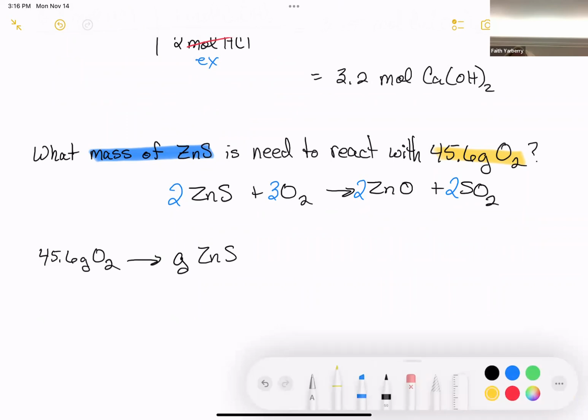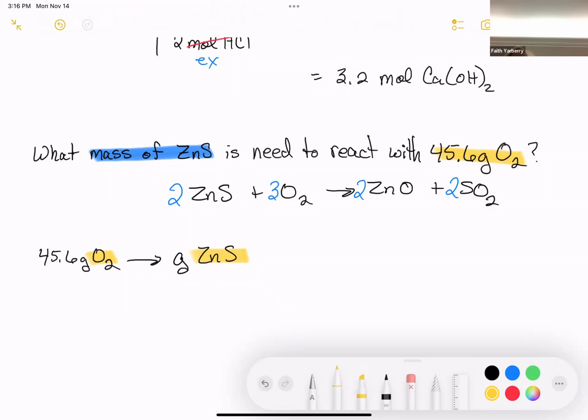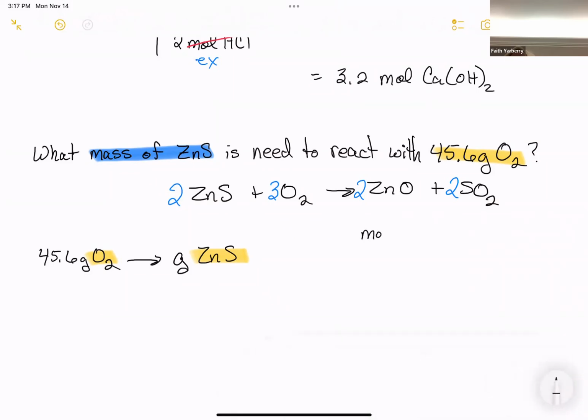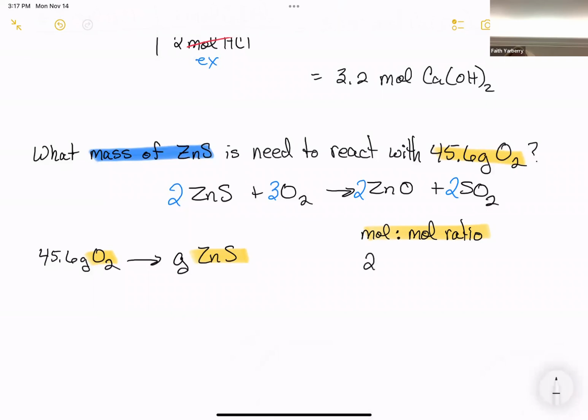The first thing I see is I have 2 different substances. Anytime I have 2 different substances, I'm going to require a mole to mole ratio. In this particular case, there are 2 moles of zinc sulfide that react with 3 moles of O2. That comes from the coefficients of the balanced chemical equation.